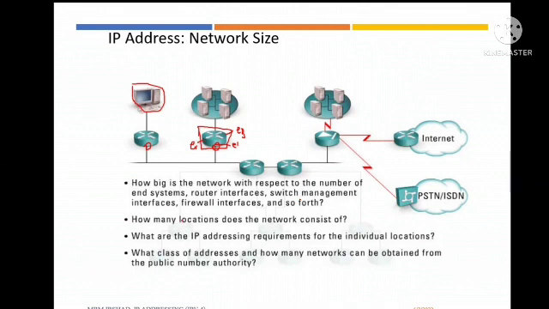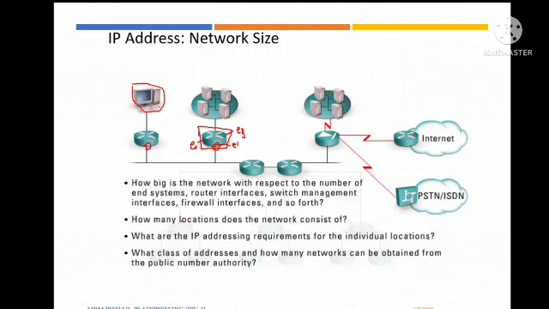Then, how many locations does the network cover? Another important question. For example, your head office may be located in Colombo, Sri Lanka, and your branches may be in Kandy, Anuradhapura, or other parts of the island. So how many locations does the network cover? You have to think about it.